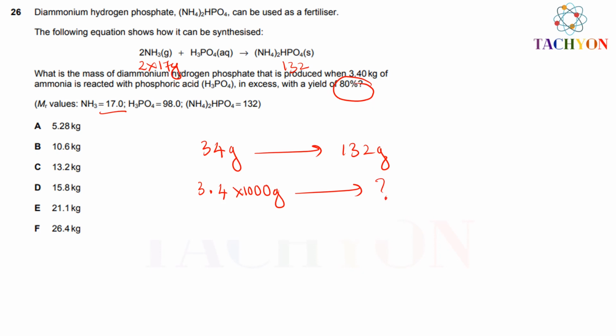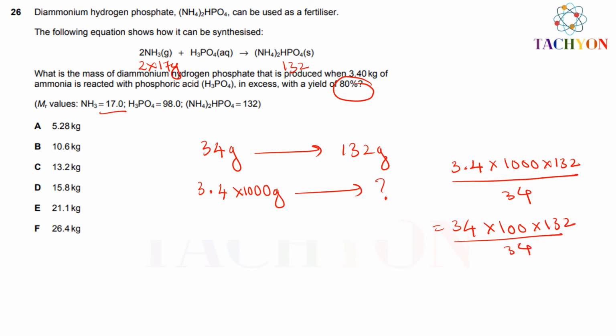If you are using the cross multiplication logic, 3.4 multiplied by 1000 multiplied by 132 over 34. So you can write this as 34 times 100 times 132 divided by 34. So they will get divided by each other. The answer is 13200 grams. So if you are converting that into kilograms, it will be divided by 1000. So it is 13.2 kilograms.